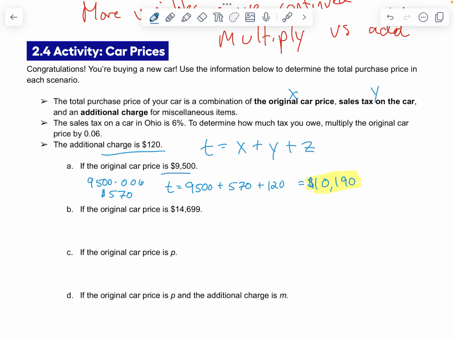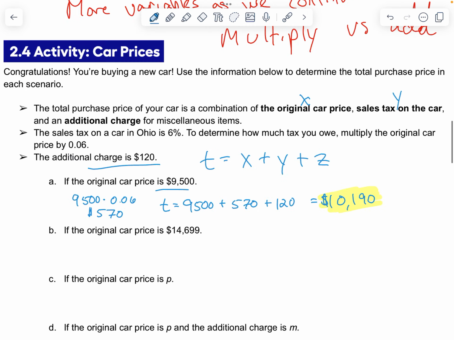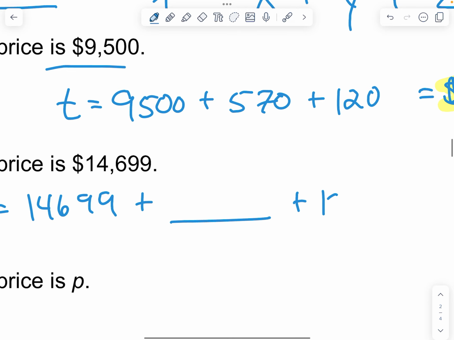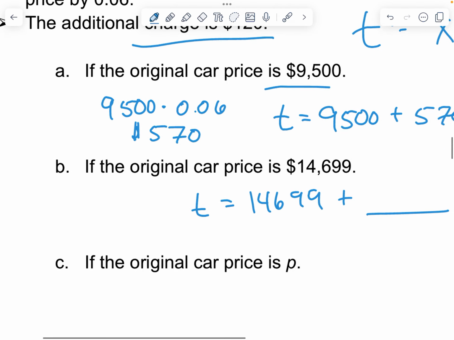Okay, next one says if the original car price is $14,699. So same idea: $14,699 plus blank plus the additional price of $120. Well, what is that blank?